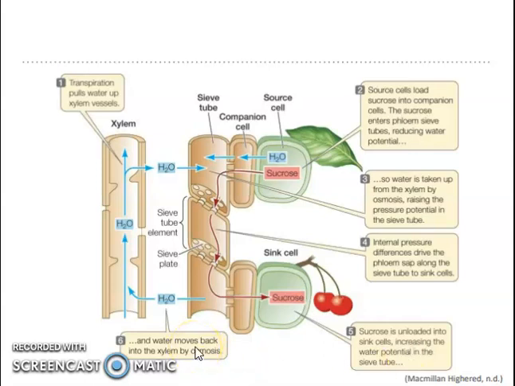And the last stage, the sixth one, allows water to go back to the xylem vessel through osmosis. There is now low hydrostatic pressure in the sink tissue, so the sap from the source flows to the sink tissue.